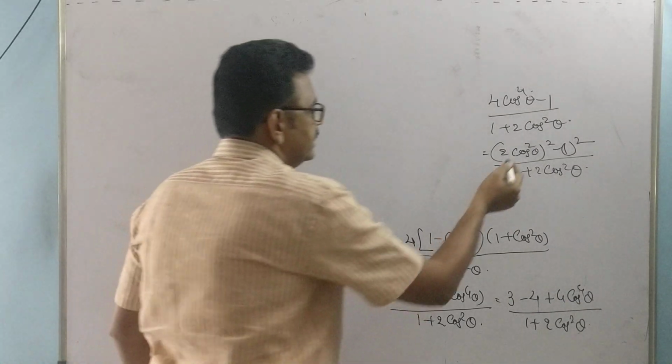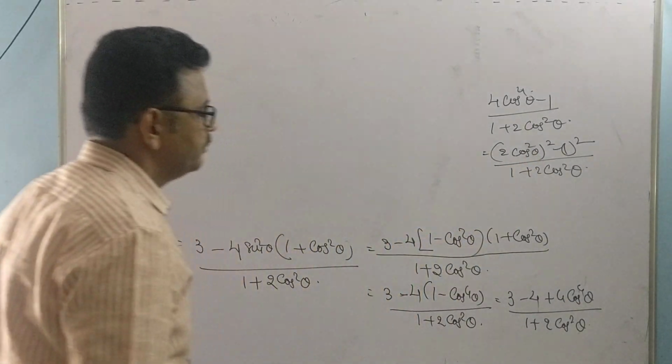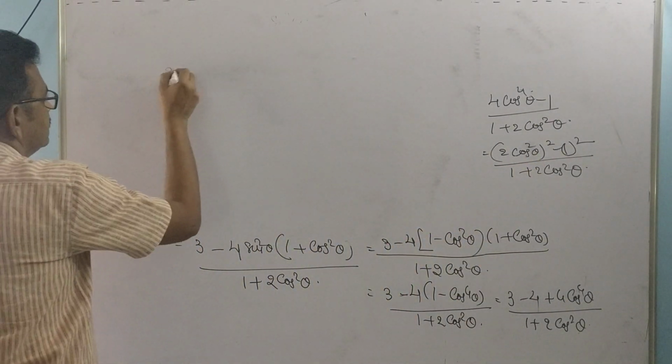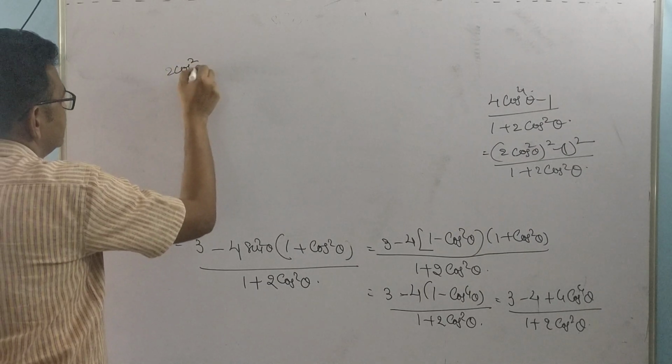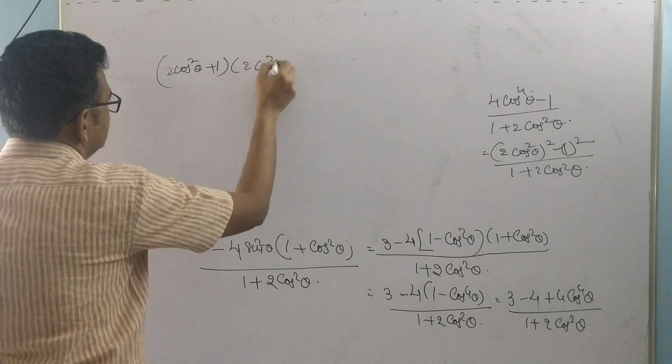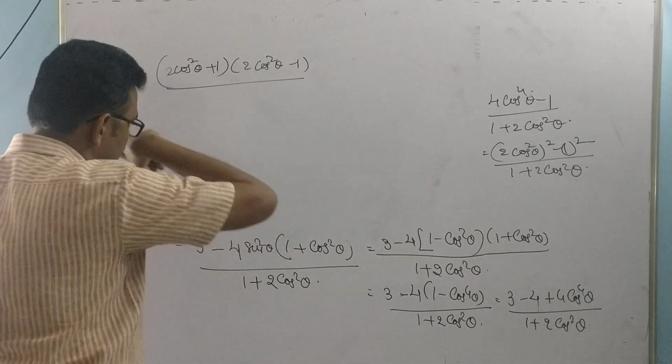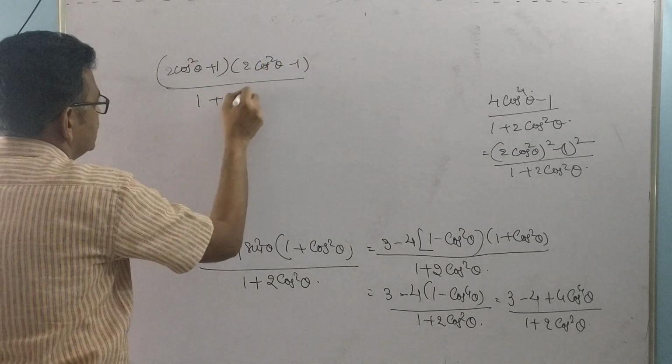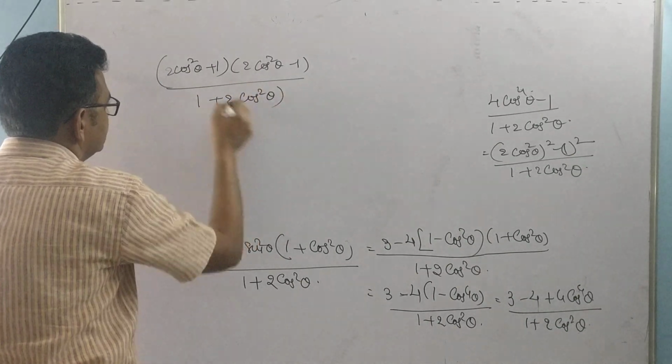A plus b into a minus b. So this is 2 cos square theta plus 1 into 2 cos square theta minus 1 by 1 plus 2 cos square theta.